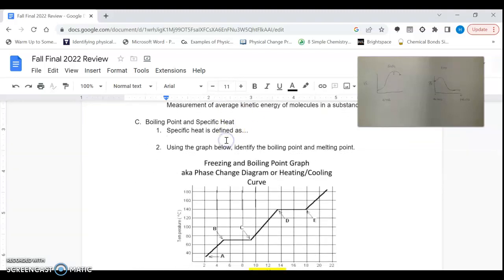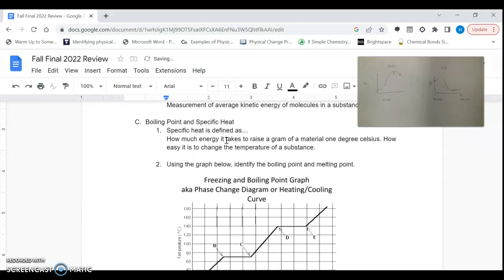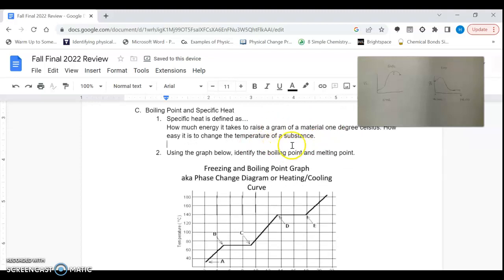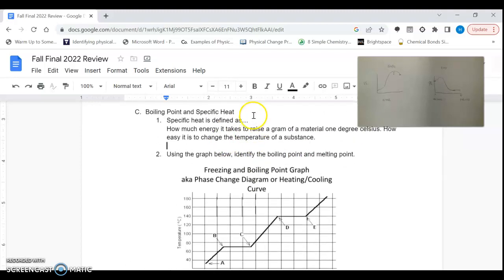So specific heat capacity is how much energy it takes to raise a gram of a material 1 degree Celsius. In layman's terms, it's really how easy it is to change the temperature of a substance. And we talked about this with hydrogen bonds and with the planet, how water has quite a high specific heat capacity.